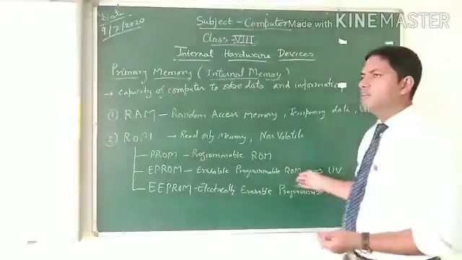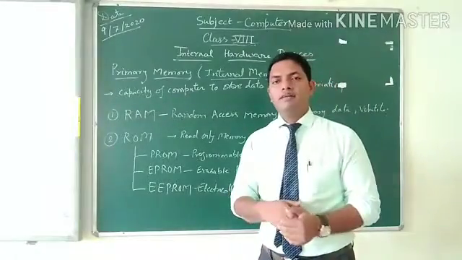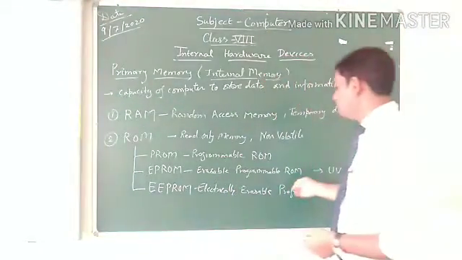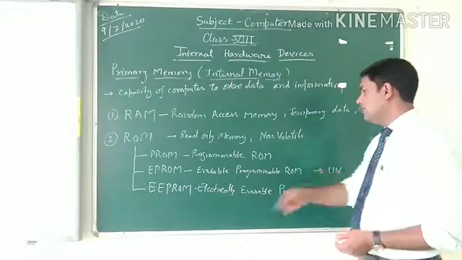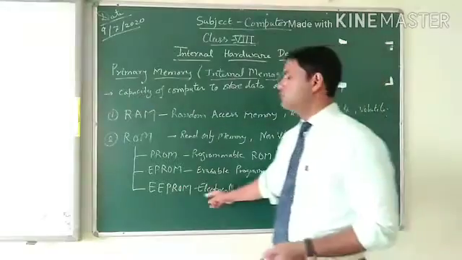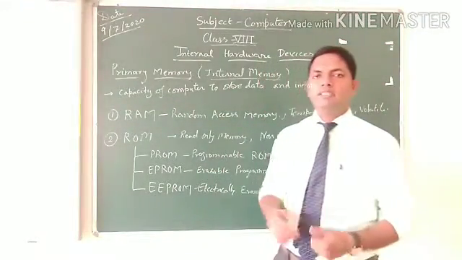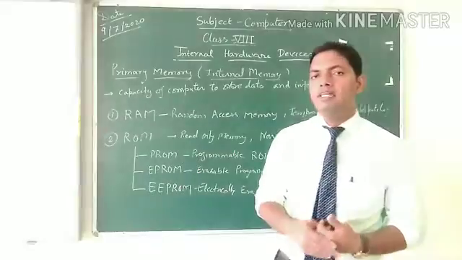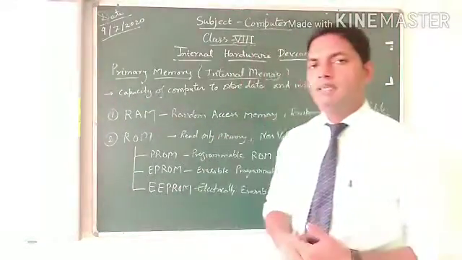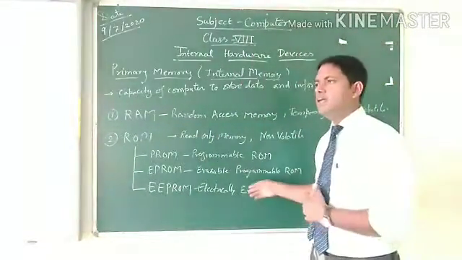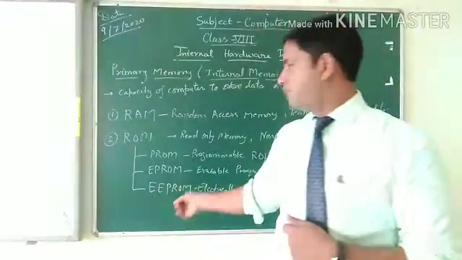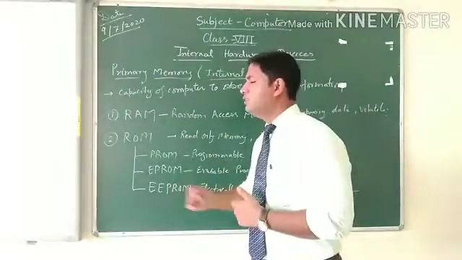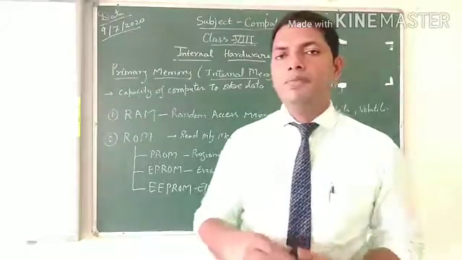That is done by the use of ultraviolet rays. And the third one is electrically erasable, meaning electricity is used to erase the data which is given by the user. These types of ROM are used in the computer.